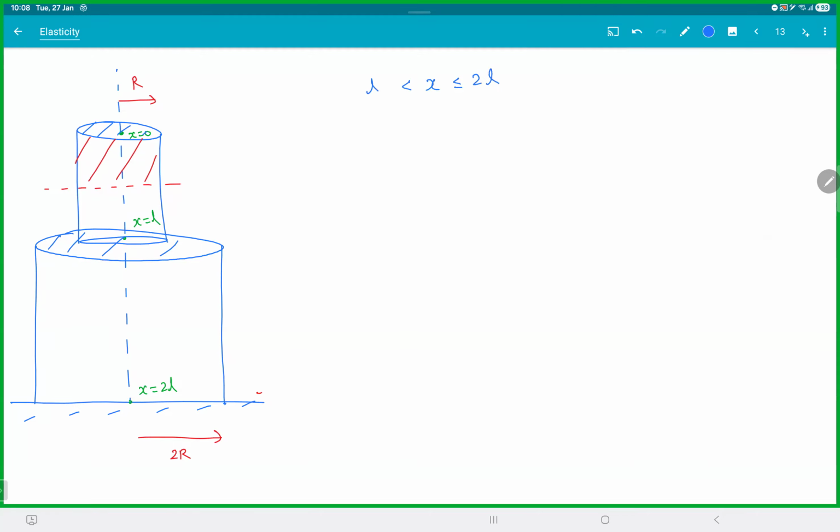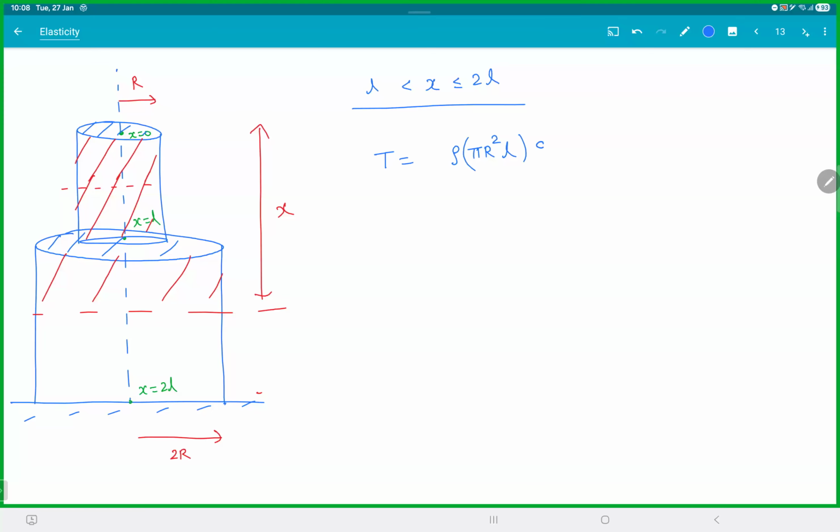Means you have crossed the first cylinder. Means you have gone till here. Now the entire weight will be this plus this. So be careful, x has to be measured always from the top. So the tension will be, what is the weight of that cylinder? Rho into pi r square into L. That is the weight of the upper cylinder.